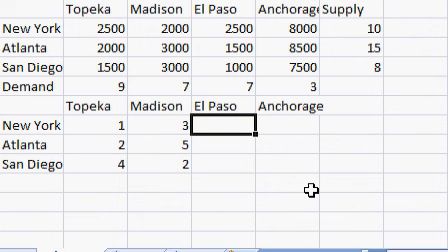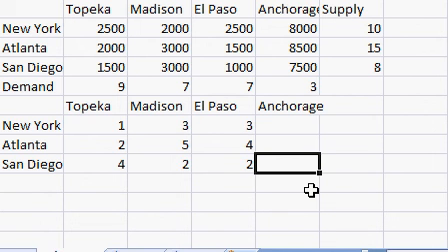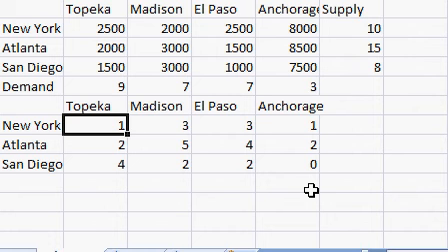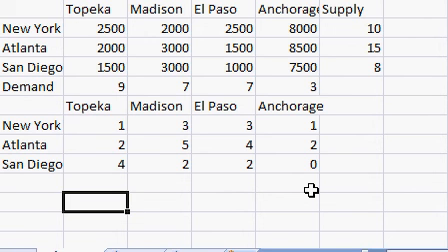2, and this is just an initial guess, but the idea is each of these represent how many units I'm shipping from New York to Topeka, and I'm going to multiply the number of units times the cost per unit to get the total cost of the shipment.